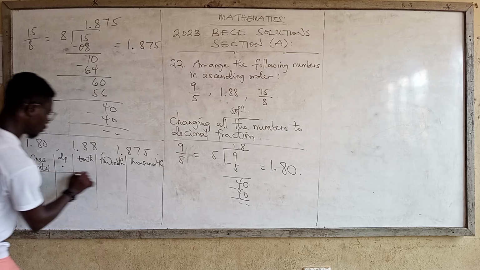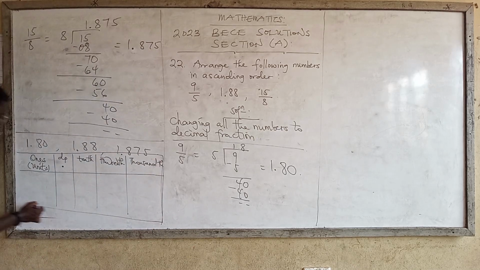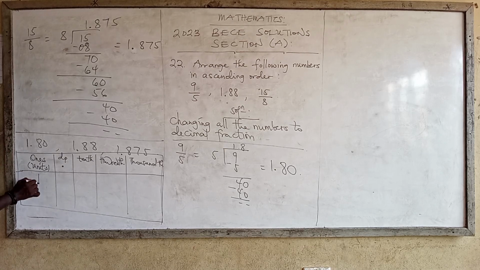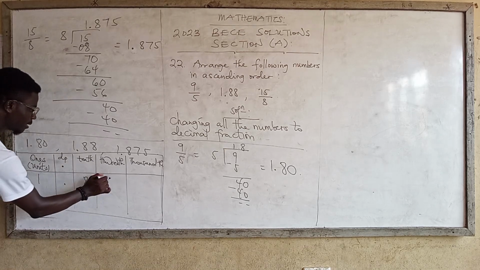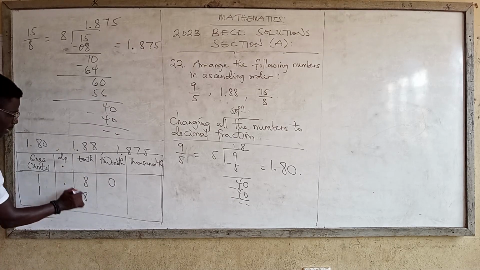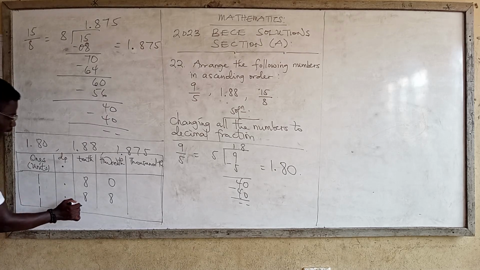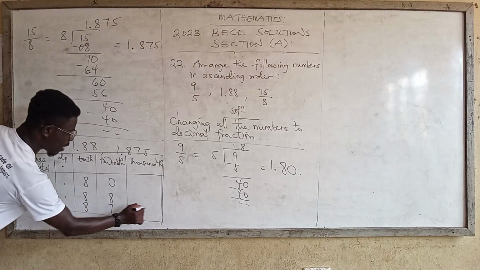Okay. So we just draw our place value chart nicely. So I have 1.80, then I have 1.88, then I have 1.875.